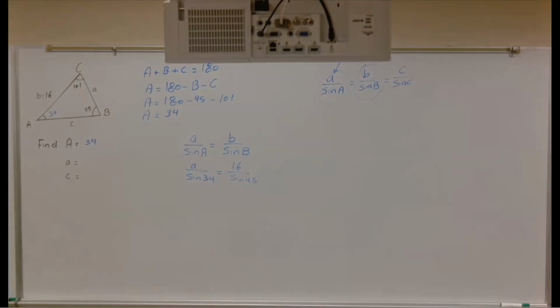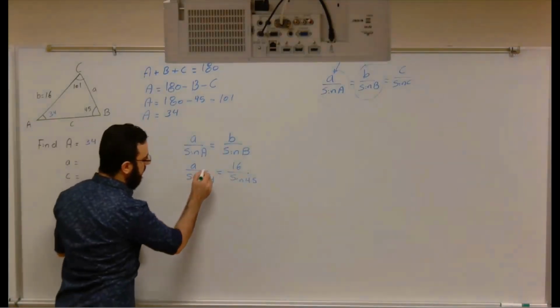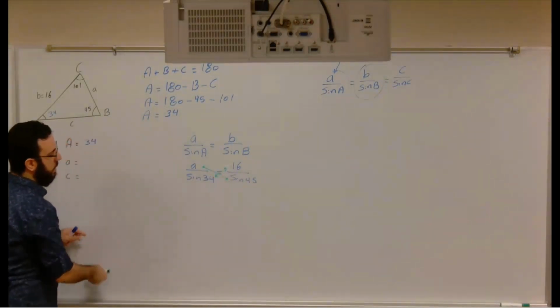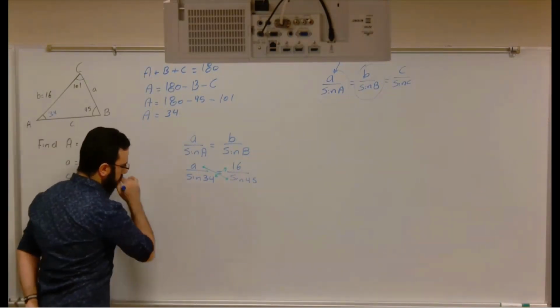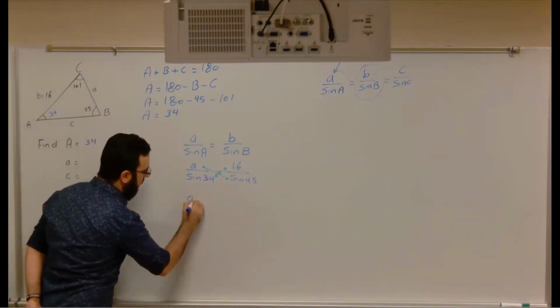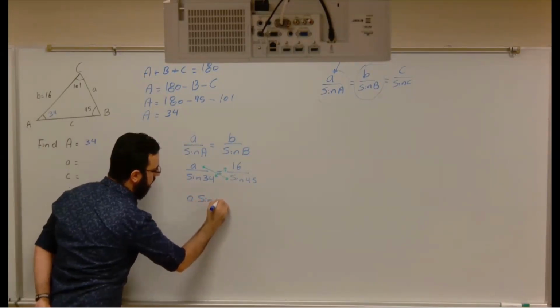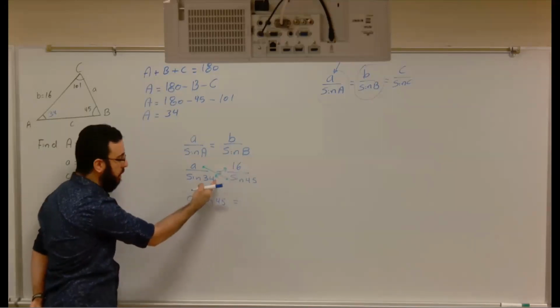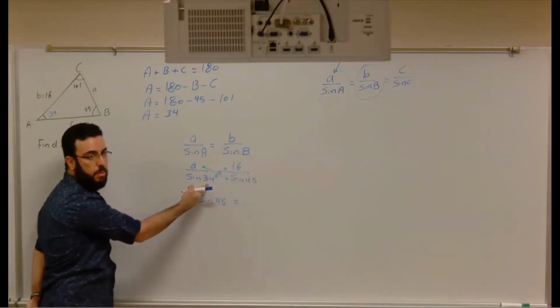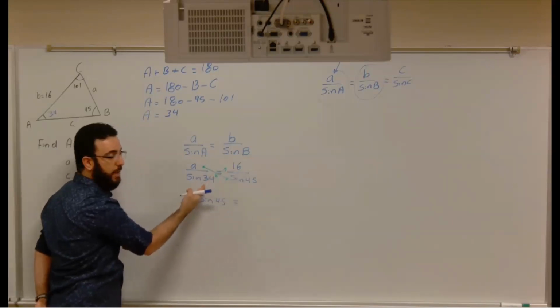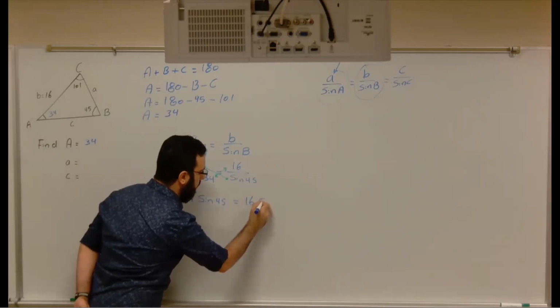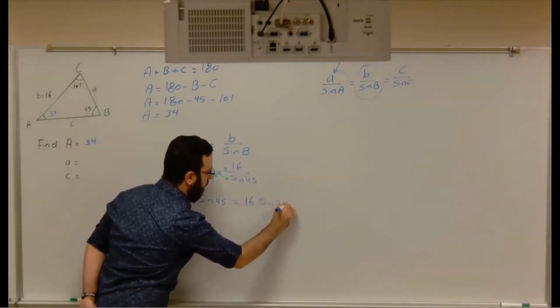Now, can I find the side A? I'm going to find A. Do the cross product. So A times sine 45 equals, be careful, you can't multiply 16 with 34. Can you? Because 16 is a number, 34 is what? An angle. So it's going to equal 16 sine 34.